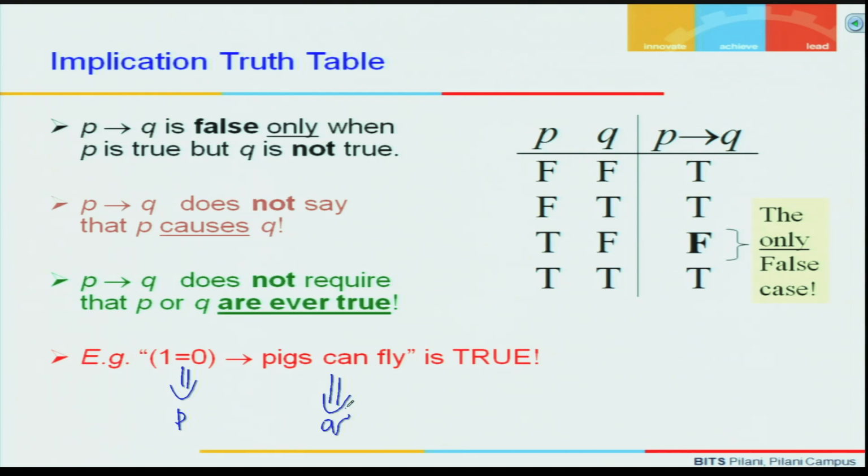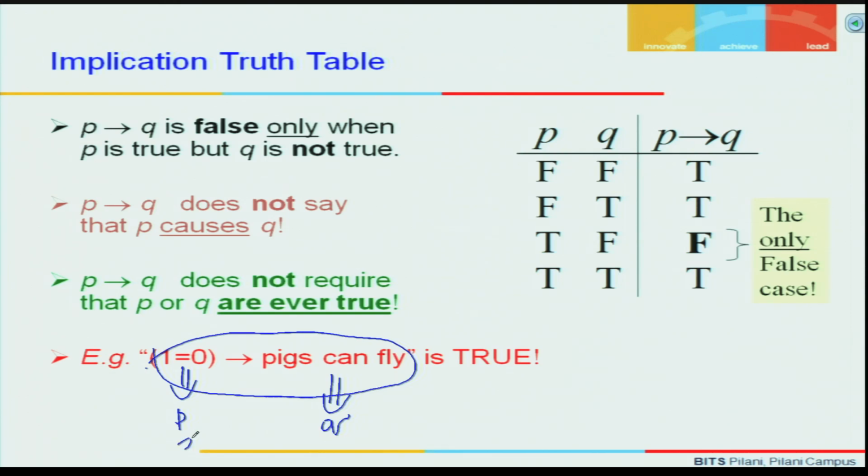And this is the compound statement that we are interested in now, isn't it? Here we would like to know the truth value of this particular statement, whether it is true or false. Then what is the truth value of P?